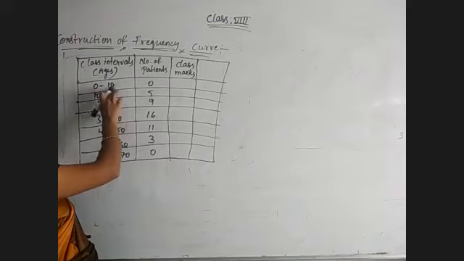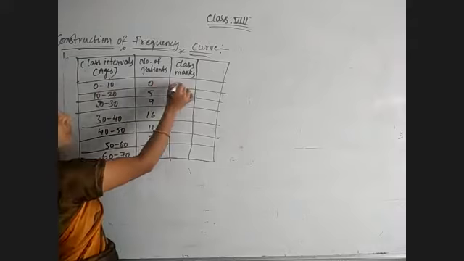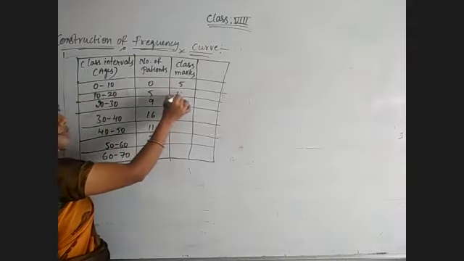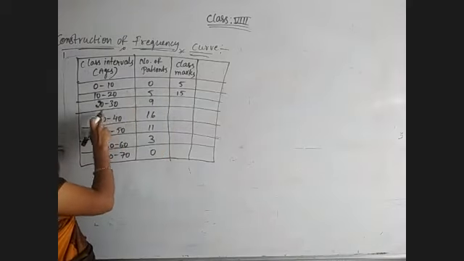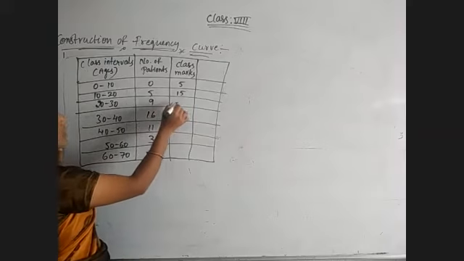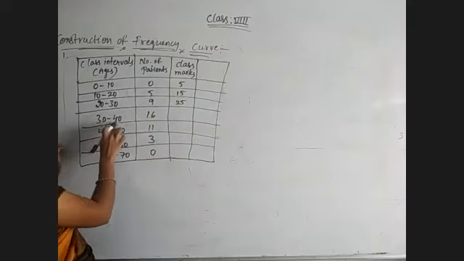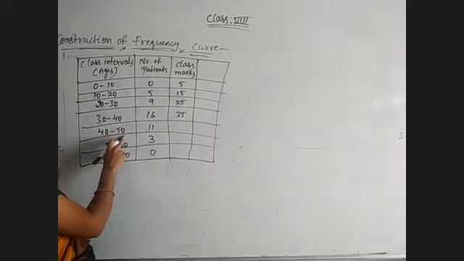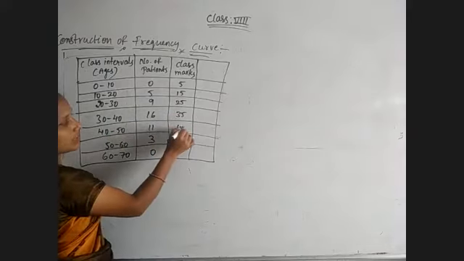So 0 plus 10 by 2, 10 by 2 is 5. Just exactly between 0 and 10 is 5 only. So 10 to 20 will be 15, 30 by 2. 20 plus 30, 50. 50 by 2 is 25. 70 by 2, 35. 40 plus 50, 90 by 2 is 45.